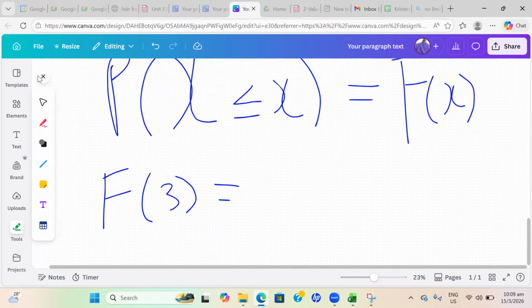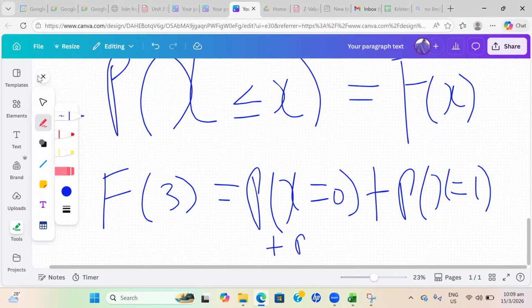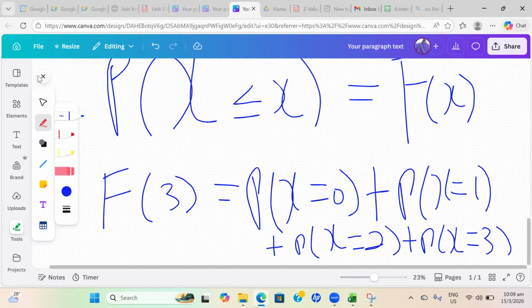So f of 3 is equal to the probability of x equals 0 plus the probability of x equals 1 plus the probability of x equals 2 plus the probability of x equals 3. And there we go. Hope that this video was insightful for you all.